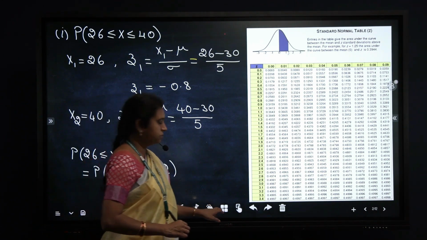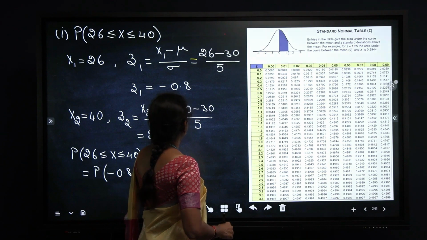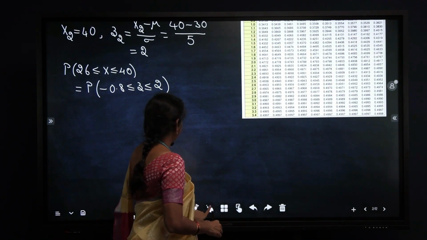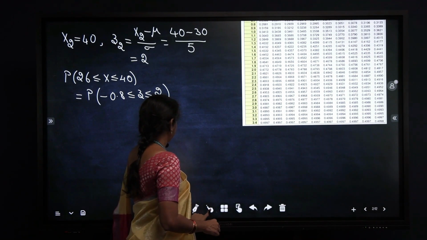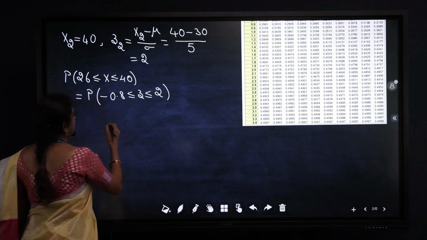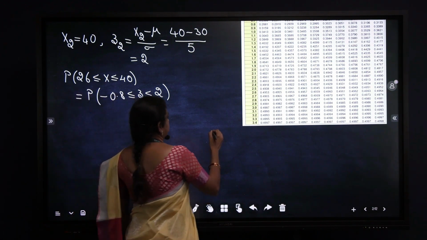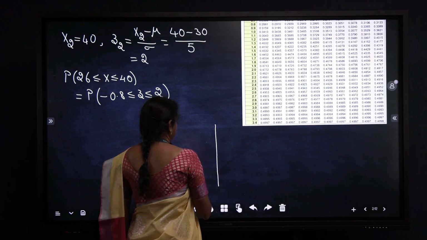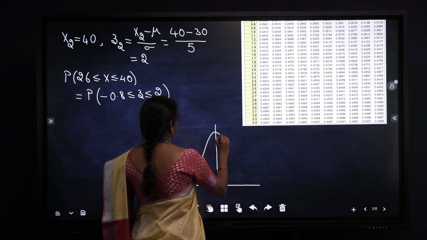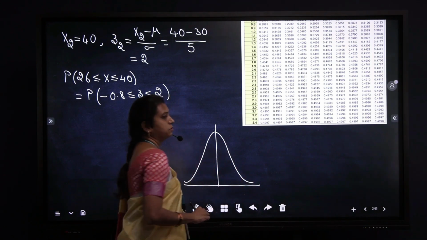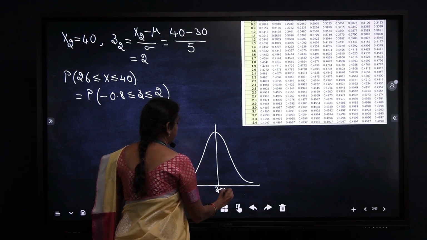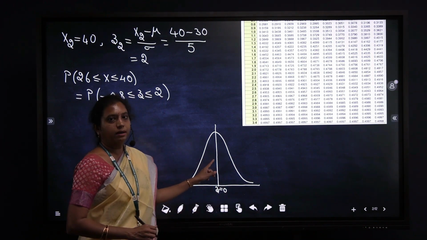As discussed in the previous video, I've shown you how to find out the z values and how to plot the area in the given values. So if I take the values on the graph, we know that this is the normal curve where z is equal to 0 and this is divided in two equal parts.